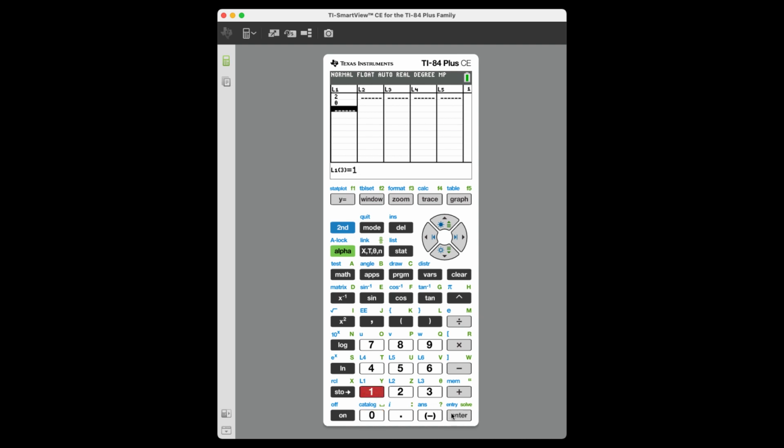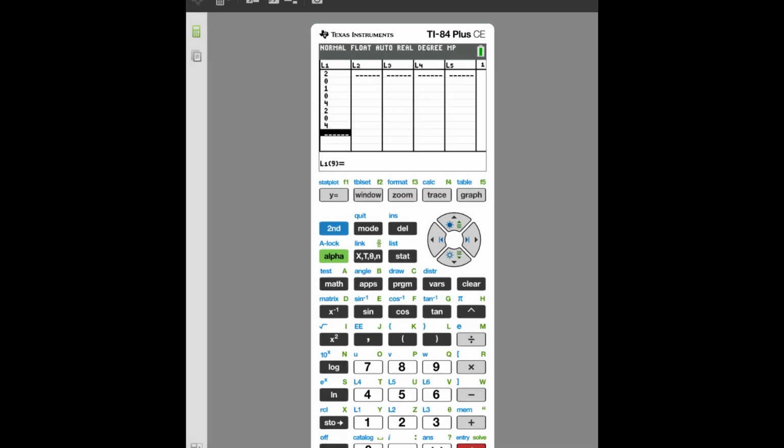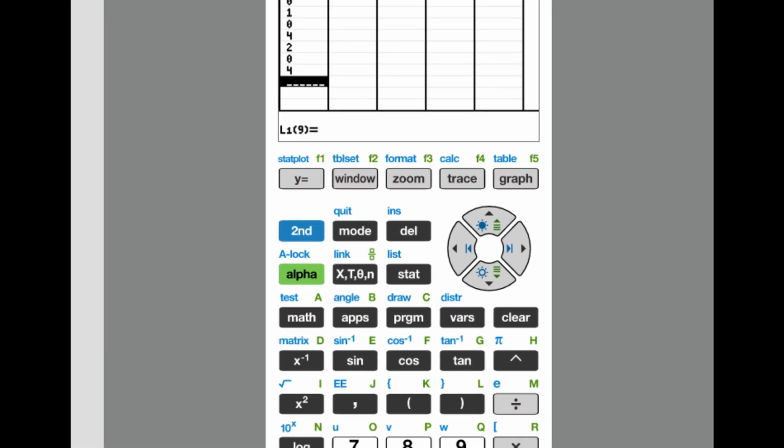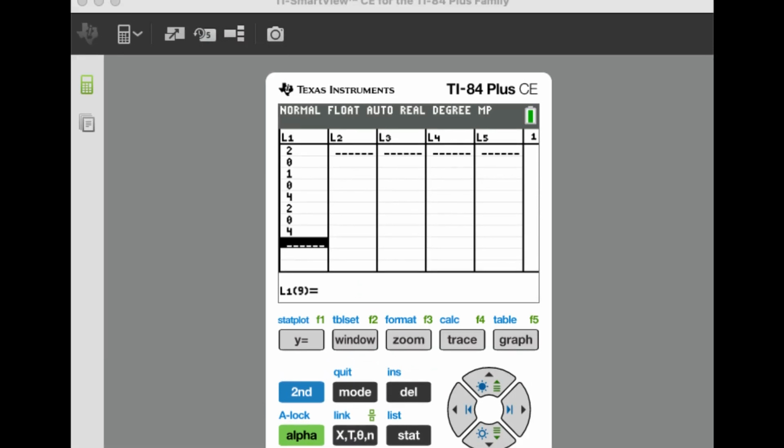Enter. 1, enter. 0, enter. 4, enter. 2, enter. 0, what? Enter. And 4, what? Enter. So, ladies and gentlemen, you have entered your data into what list? L1, list 1. Okay, good.